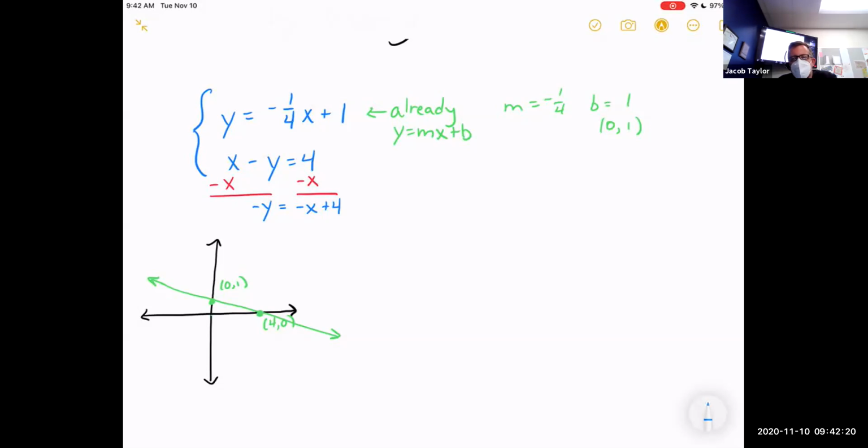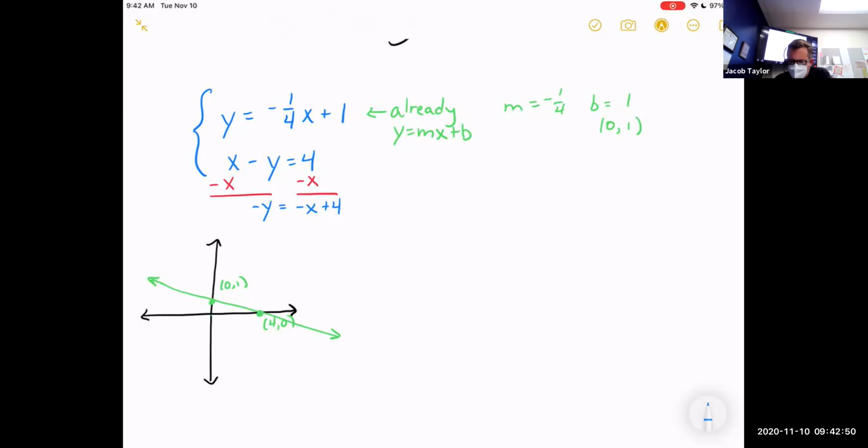Negative 1x. Why is this not y equals mx plus b? Yeah, because the y is negative.